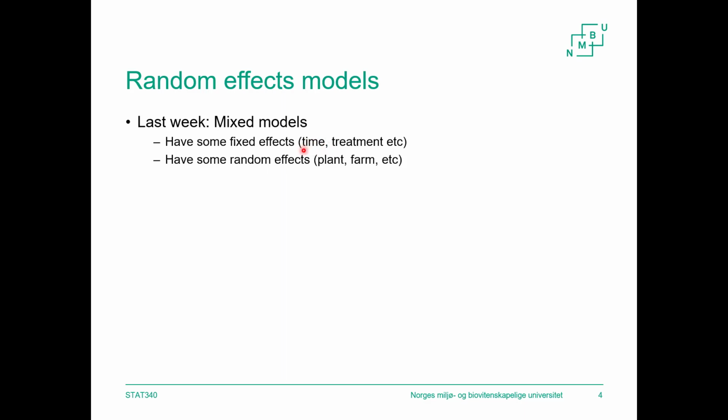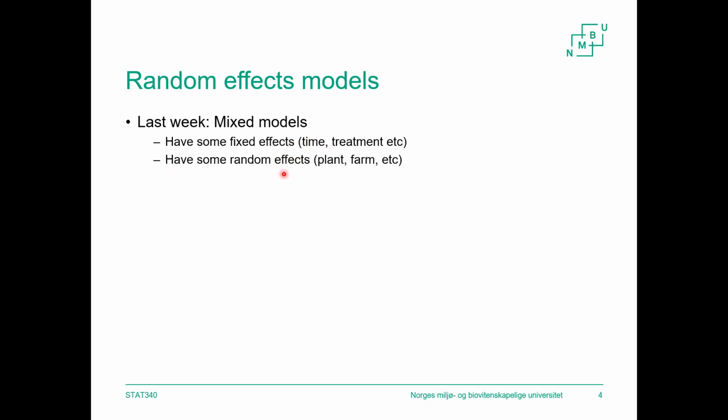So time is at least a fixed effect, right? Or, yeah, not random. We typically also have some treatments or whatever in addition to time, right? And these are also typically fixed effects because we are interested in how the different treatments impact the response, right? So fixed effects are there.